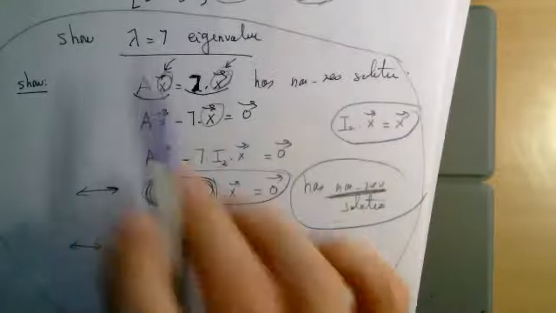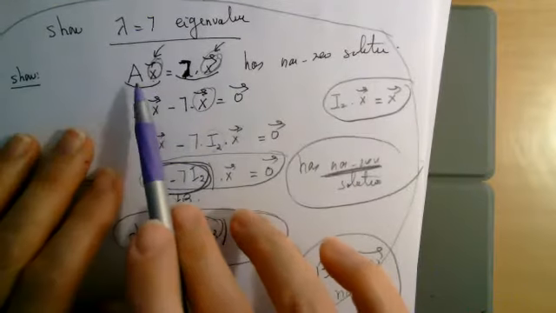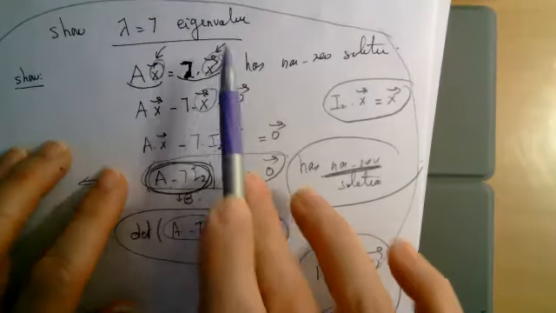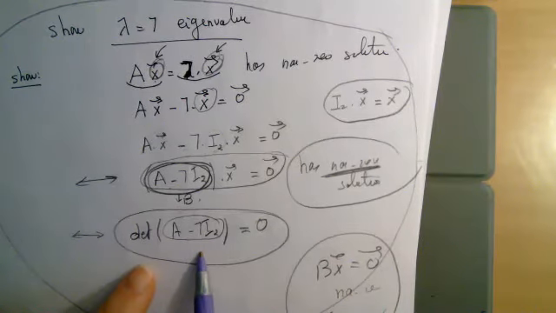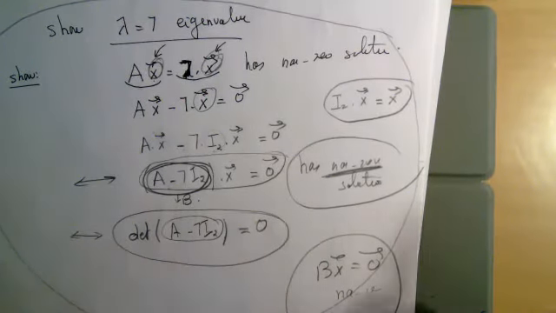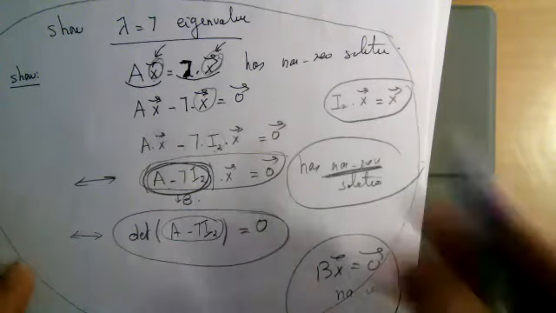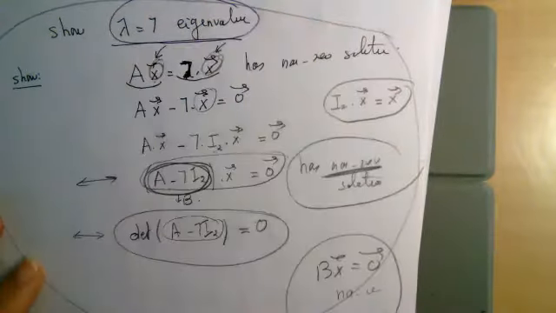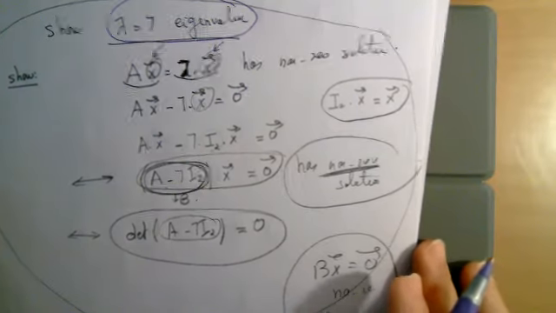So to show that it is an eigenvalue, we want to solve this system, which boils down to showing the term equals 0. The next question is, how do you find those eigenvalues yourself? Here I gave it to you and you checked it.